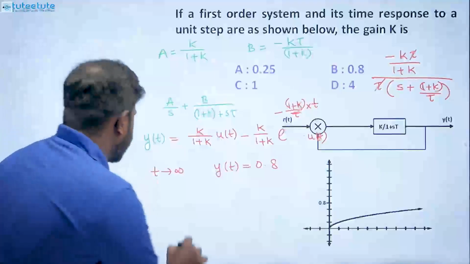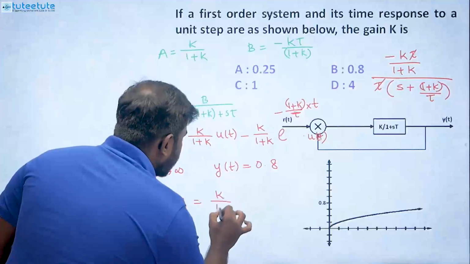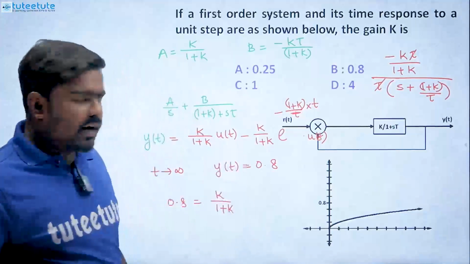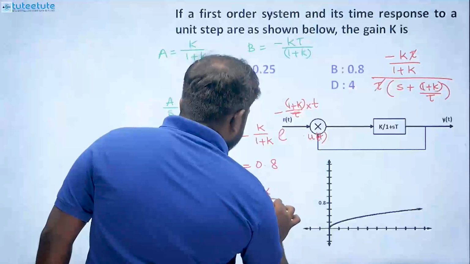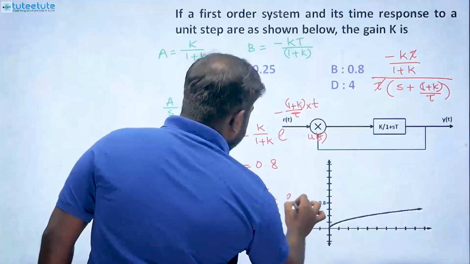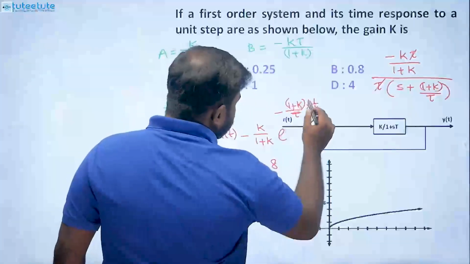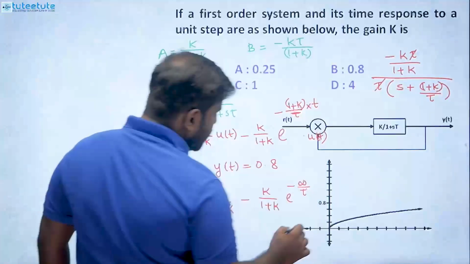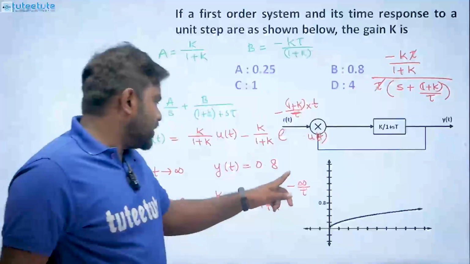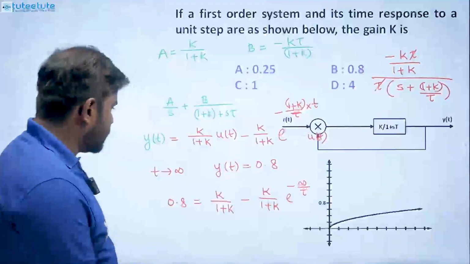So you have to substitute this. 0.8 is equal to k divided by 1 plus k, u of t will be 1, and minus k divided by 1 plus k, e raised to, when time tends to infinity, this parameter would be minus infinity divided by tau. 1 by e raised to minus infinity, this term would be 0. Clear now? This term would be 0.